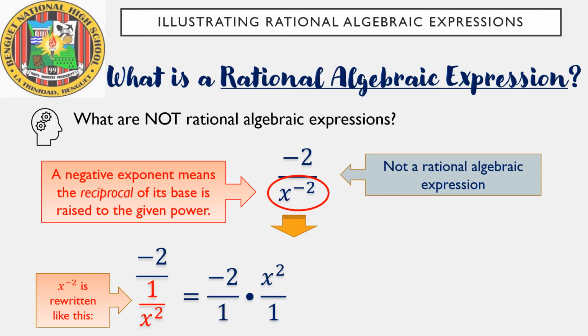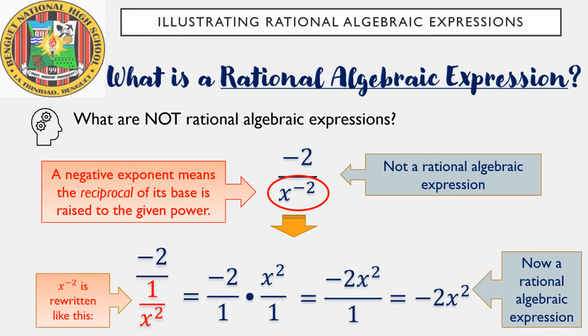Doing that results to negative 2x squared over 1, or simply negative 2x squared, which is also considered as a rational algebraic expression. This only means that before we say that an expression which has a negative exponent is not RAE, we have to rewrite first the expression, then check that the expression is really not an RAE.